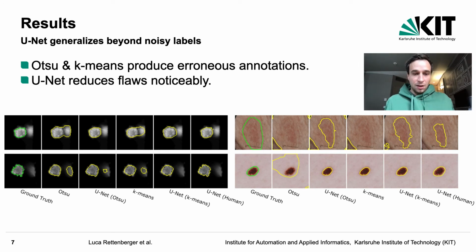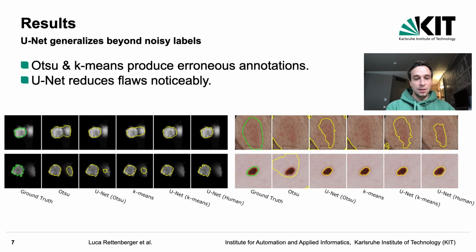And we can see here for the spheroid dataset, it is quite interesting, since Otsu and k-means also do segment those light reflections. You can see here in the ground truth those light reflections on the right of the samples are not part of the spheroid itself. But Otsu and k-means do see them as a part of the spheroid itself, which is wrong, of course.